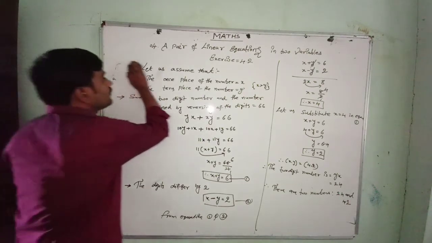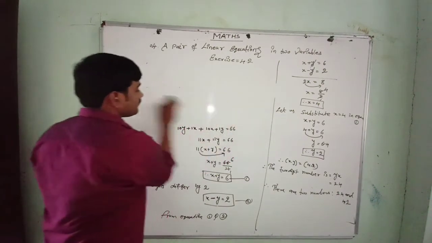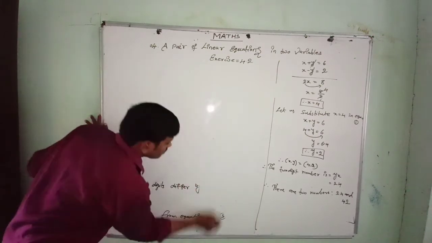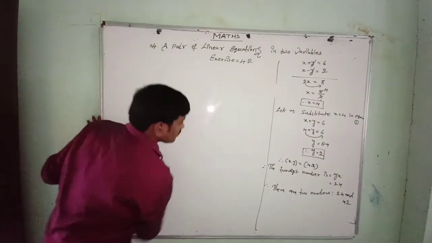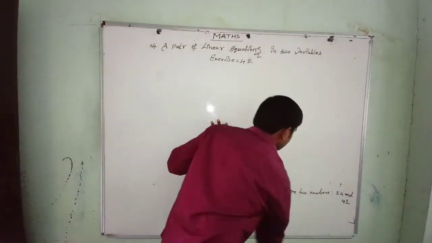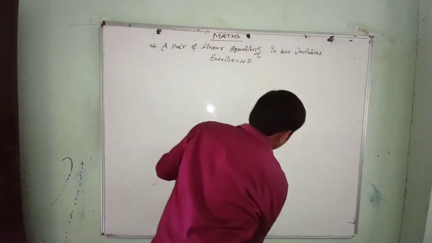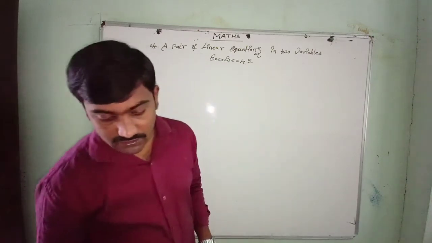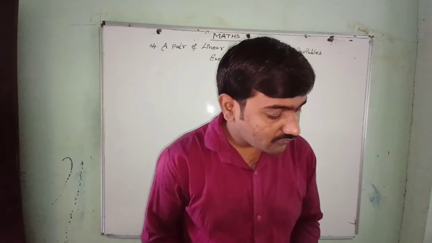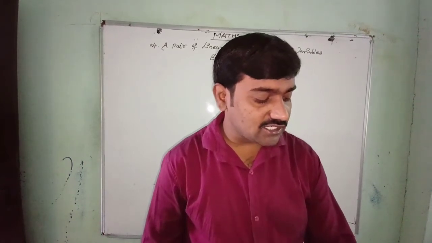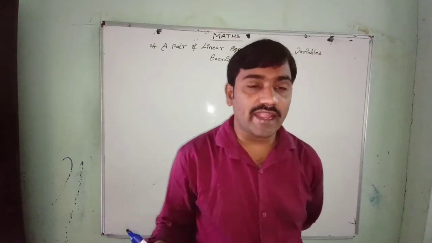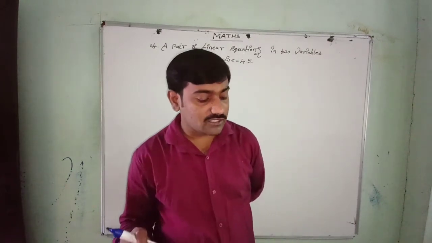Next, we go for the third one. Then the third question is: the larger angle of two supplementary angles exceeds the smaller by 18 degrees.